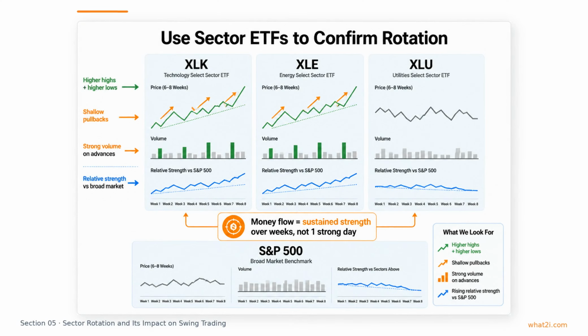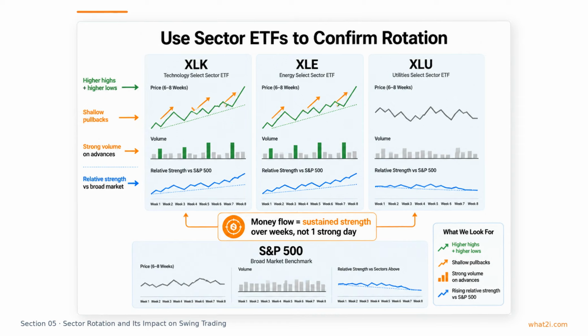Sector ETFs are one of the easiest ways to confirm whether rotation is real. Instead of relying on headlines, you can look directly at funds like XLK for technology, XLE for energy, or XLU for utilities and see where sustained strength is showing up. A true leadership group often displays higher highs, higher lows, shallow pullbacks, and stronger volume on advances.